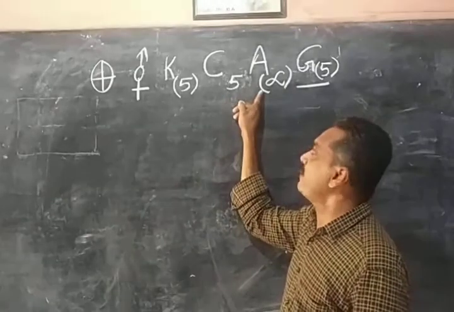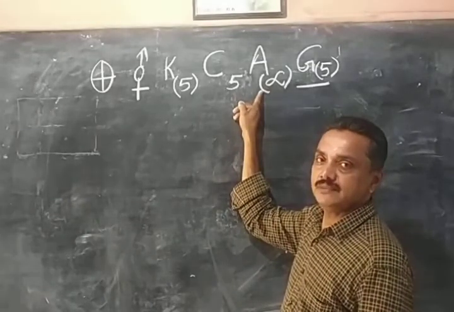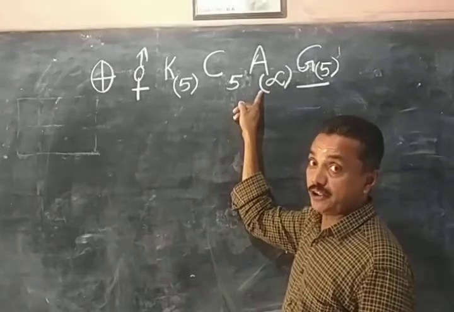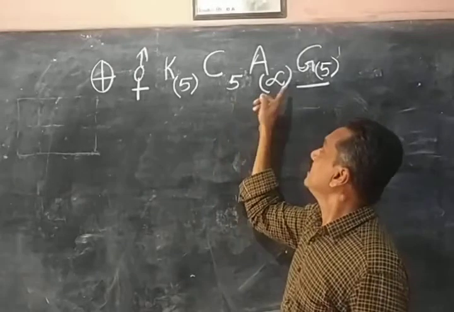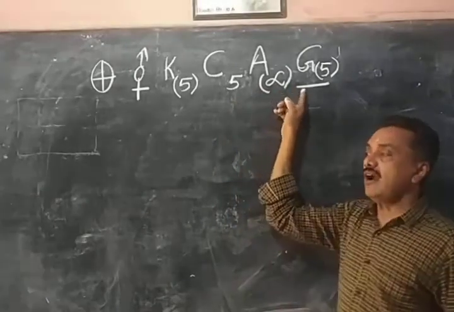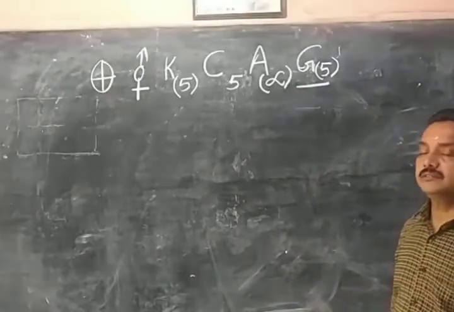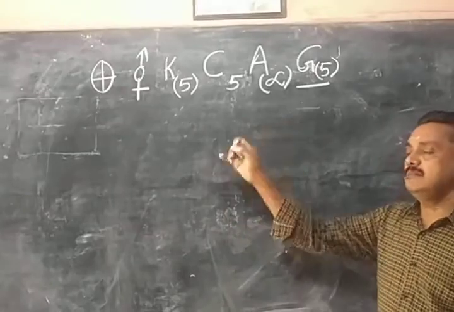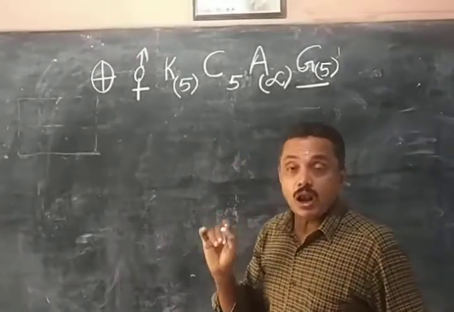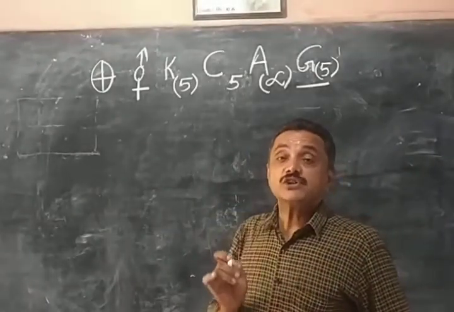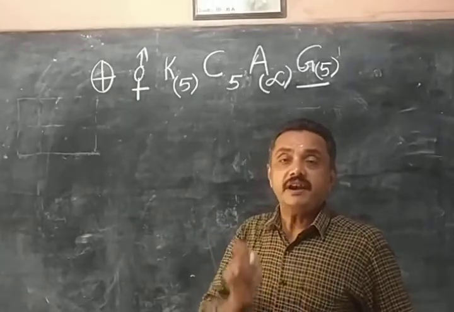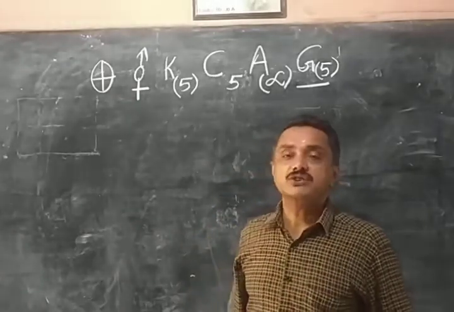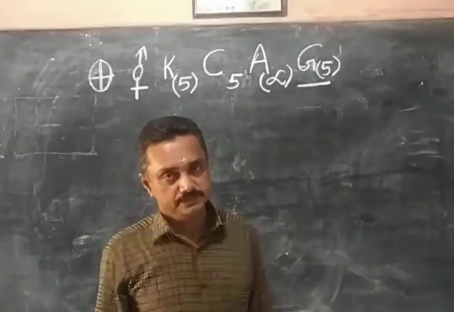Androecium consists of numerous stamens, monodelphous, joined together into one tube. Gynoecium consists of 5 carpels, syncarpous, and the superior ovary. This is the simple example of a floral formula. The characters of the flower are represented in a formula that is called floral formula.